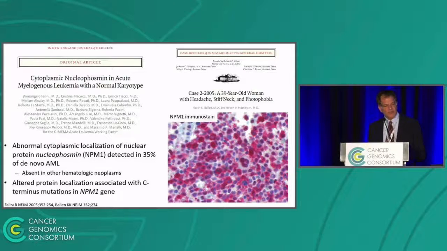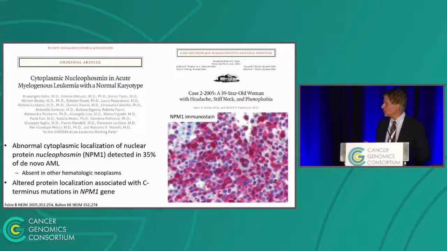This pattern was not present in other hematologic neoplasms like MDS or myeloproliferative neoplasms. By sequencing, they noted that this abnormal localization was associated with a recurrent C-terminus mutation in the NPM1 gene that encoded the protein.